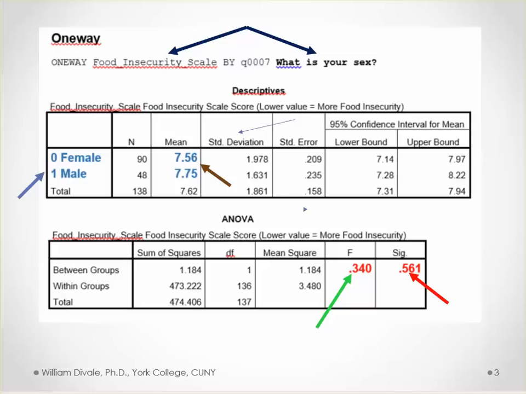For it to be statistically significant, that number on the SIG would have to be 0.05 or smaller: 0.0499, 0.049, 0.04, or 0.05.